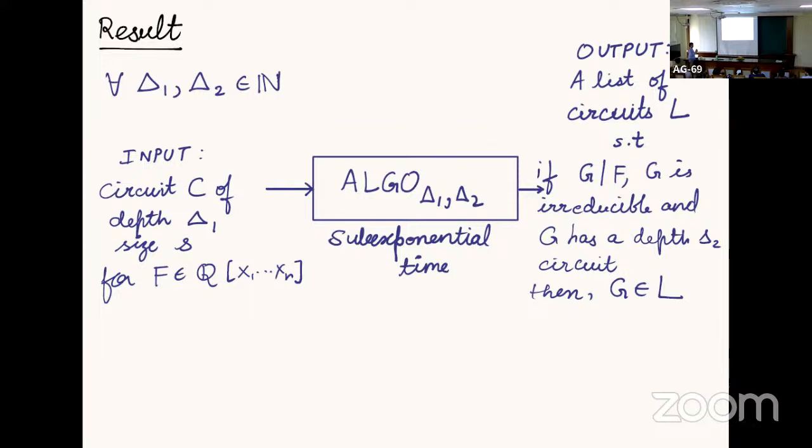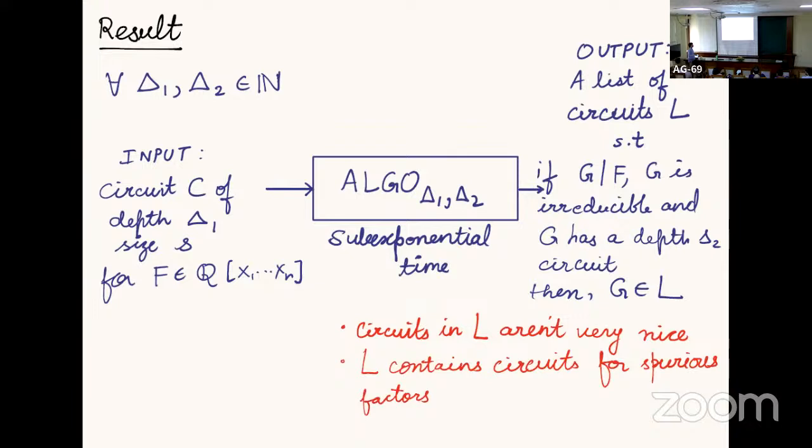So any low depth circuit which divides the input polynomial is going to be in this list, but there are some issues. The circuits in the list might not be very nice. In the end, if there's time, I'll tell you what it means that the circuits aren't very nice. Plus, the output list might also contain things that do not correspond to actual factors. If you're familiar with coding theory, it's almost like a list decoding sort of a statement.